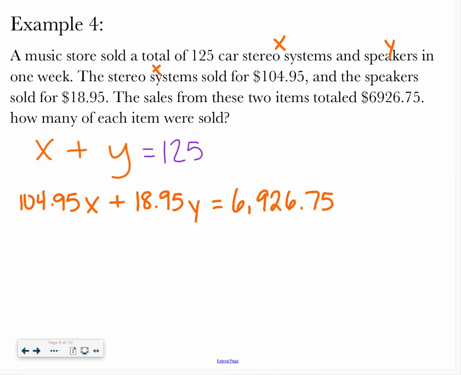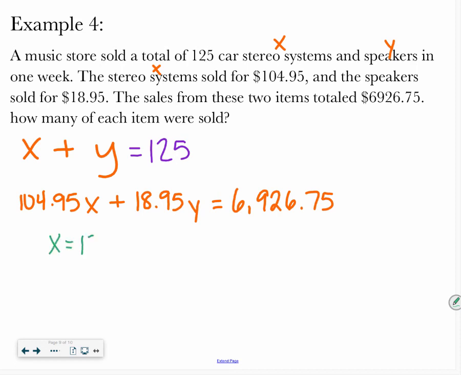That is possibly the most difficult part of this entire process, because now we know what our 2 equations are, and we've already been practicing today how to solve these. So if we want to figure out how many of each were sold, that means we have to solve for one of the equations. So if I solve this first one for X, I say X equals 125 minus Y. That means I have to plug that in.